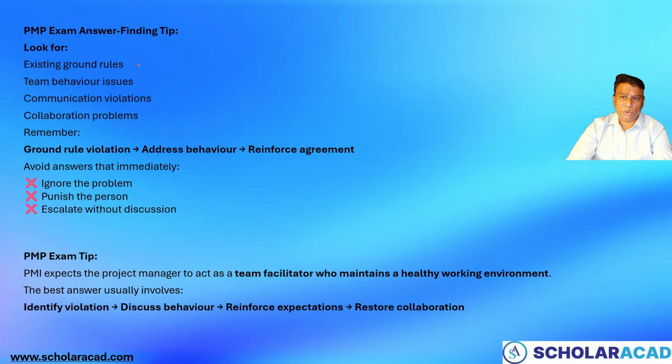Whereas some of the rules, ground rules, yes, behavioral issues, violations, yes, we need to focus on the violation immediately because it can impact overall project performance. Then collaborate on the problem with all the respective team members and then stakeholders. Then focus on the behavioral issues and reinforce the agreement with your team charter.